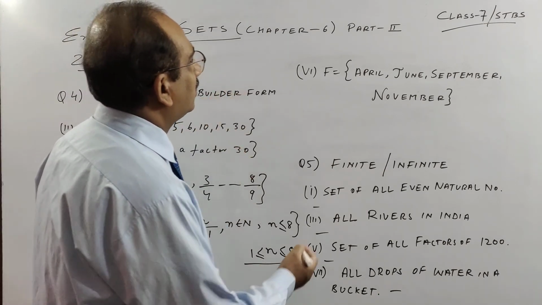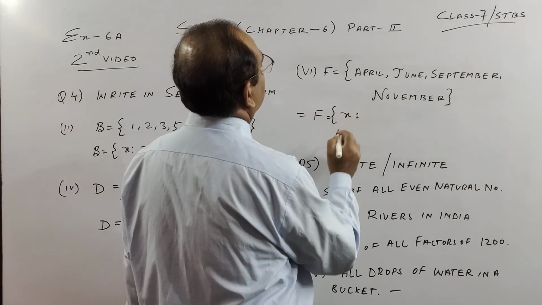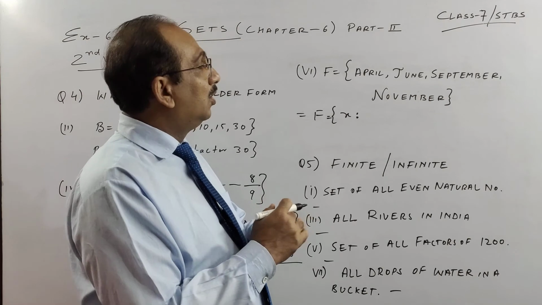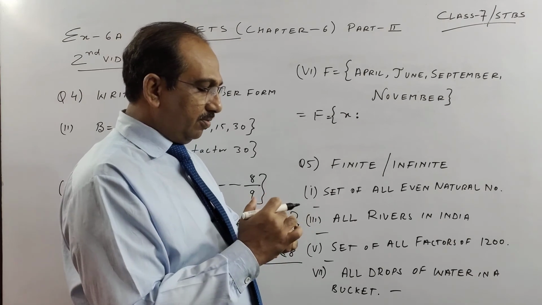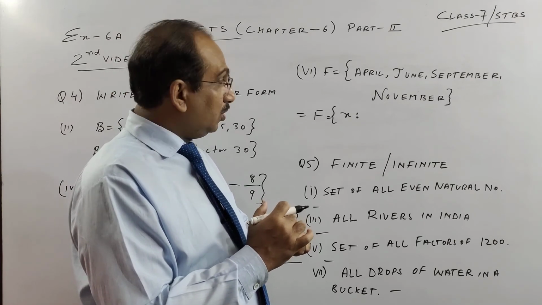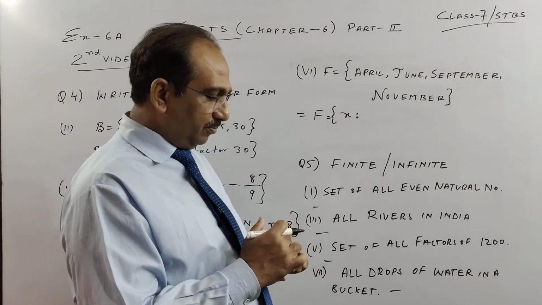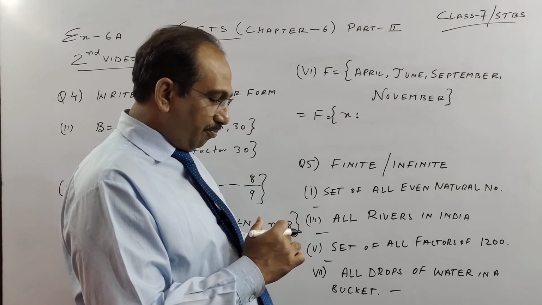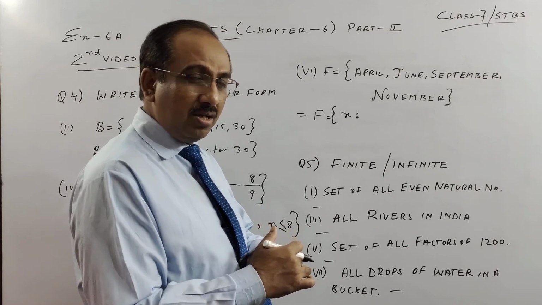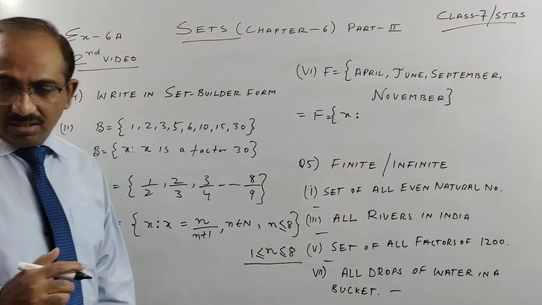This is 4 months, if you see, children, x such that x are months having 30 days only. So this method I think you know. If you see in a year, January, February, March, February has 28 or 29 days. So you will see 7 months have 31 days: January, March, May, July, August, here we repeat, July, August, then September is 30, October and December. 7 months have 31 days.